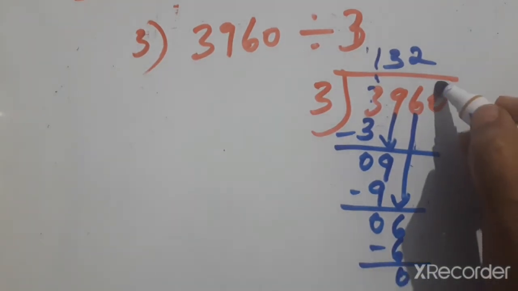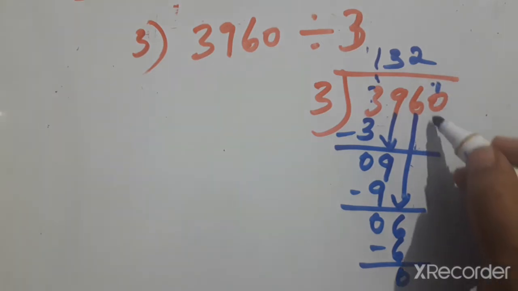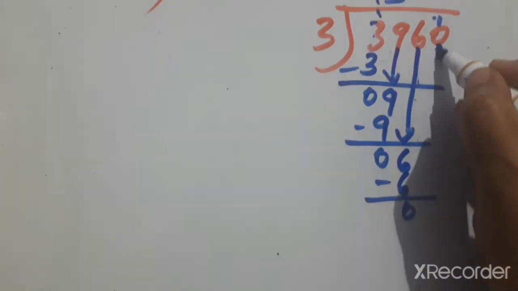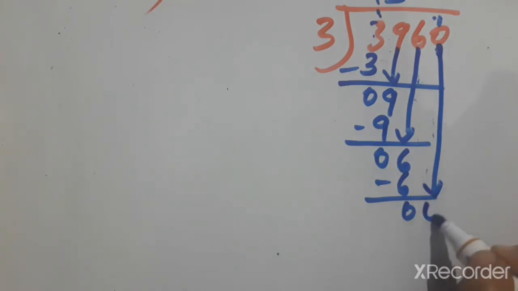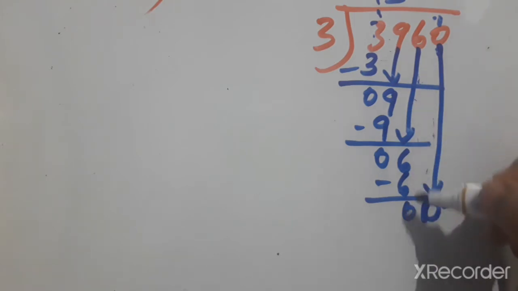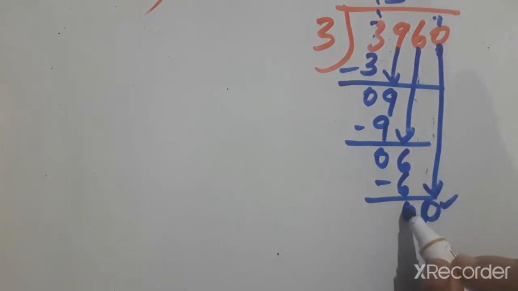Now we can directly write this 0 up, or we can bring down. Okay, we can bring down this 0. This 0 has a value because this is from the question, not from the remainder. This 0 doesn't have any value because this is a remainder from the subtraction.